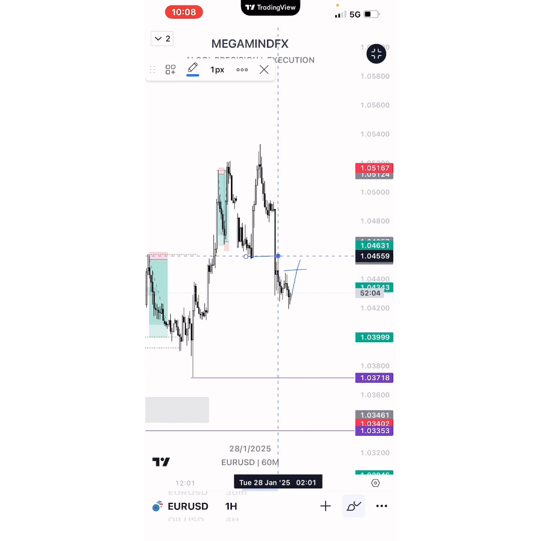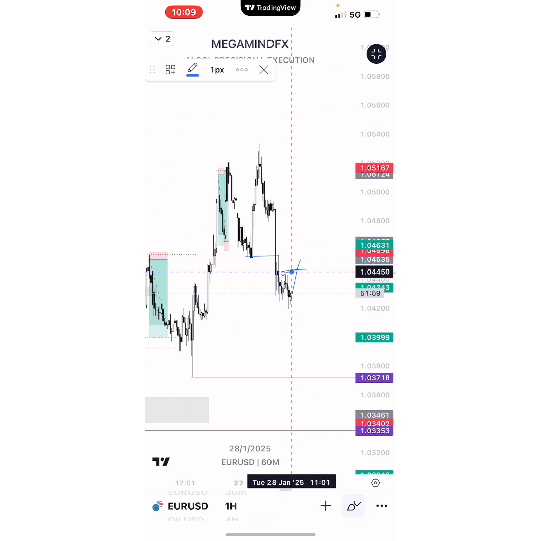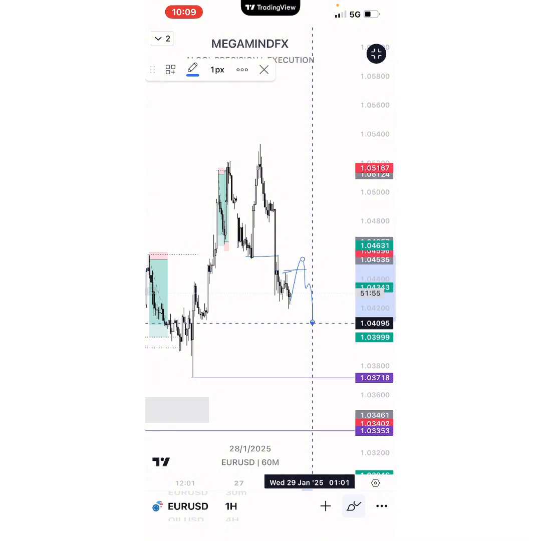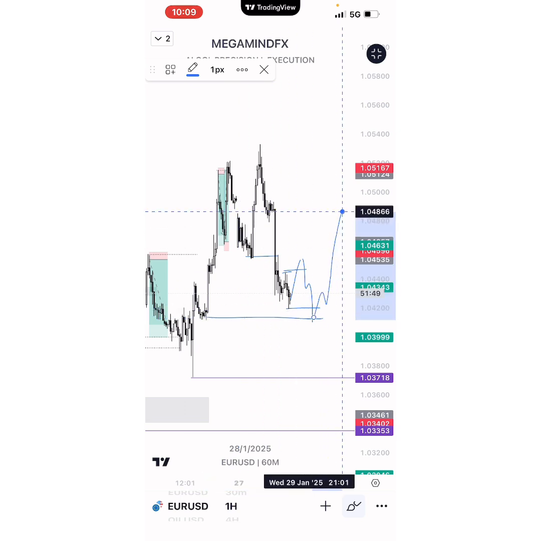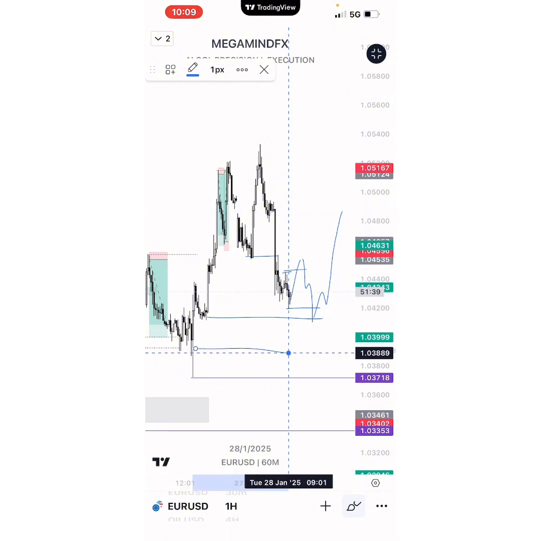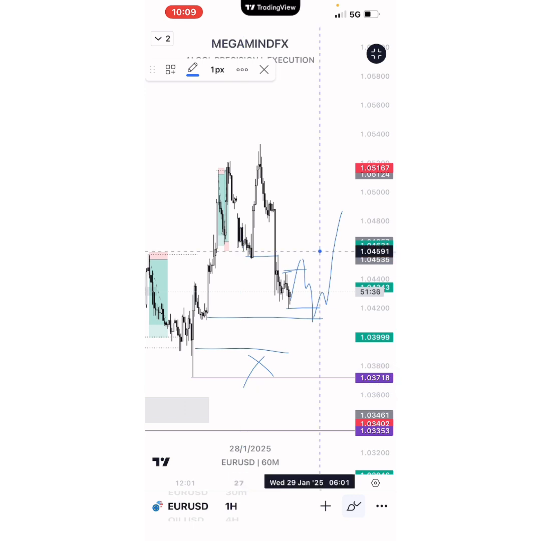So if price wants to buy from these areas, price needs to give me a break back into the range, and then we react from here, take out something here, and probably mitigate this, and then I can engage the buy. Without this, I'm not buying. And I've seen this play out a number of times. So for price to avoid these levels here, I will need to see this to engage my buy.